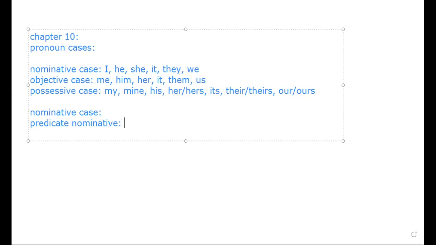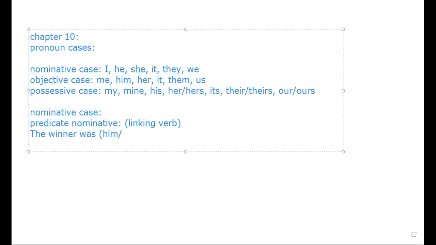We need to understand that a predicate nominative is always preceded by a linking verb. So make sure that you are always looking for a linking verb before a pronoun in the nominative case.